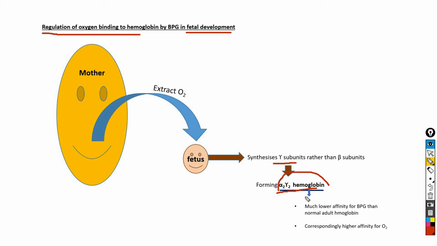And this alpha 2 gamma 2 hemoglobin tetramer has much lower affinity for BPG than the normal adult hemoglobin, and also has higher affinity for oxygen as compared to normal adult hemoglobin. So due to the much lower affinity for BPG and much higher affinity for oxygen as compared to adult hemoglobin, the fetus extracts oxygen from mother's blood successfully.